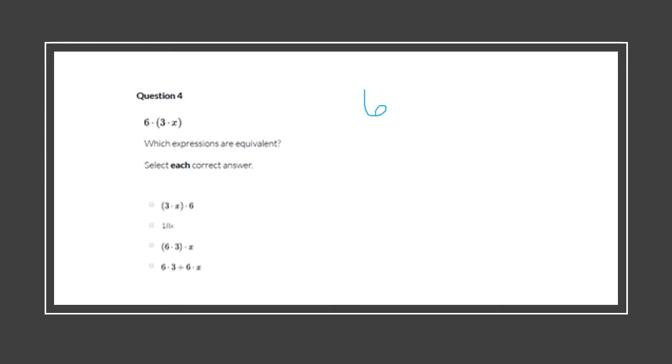Okay, our next one, we've got 6 times 3 times x. Okay, which is equivalent? So on this one, you could regroup, because everything is multiplied. You could regroup like this, and you would get this answer.